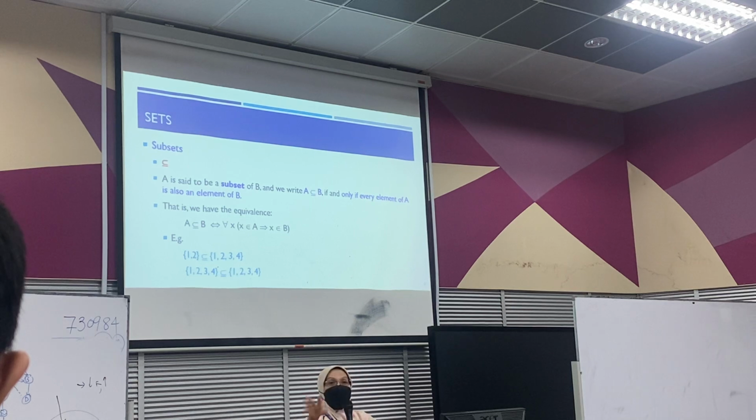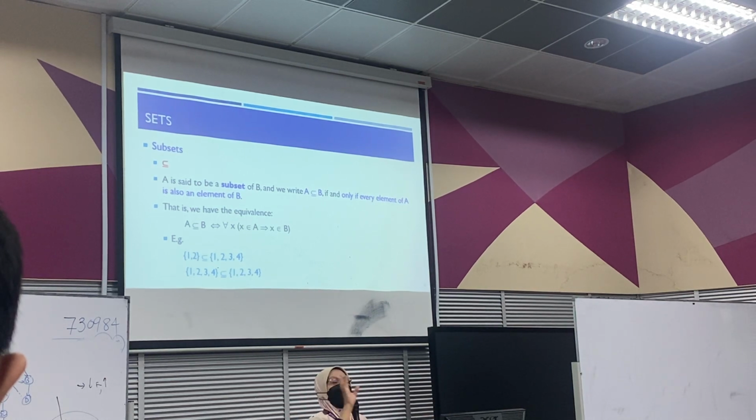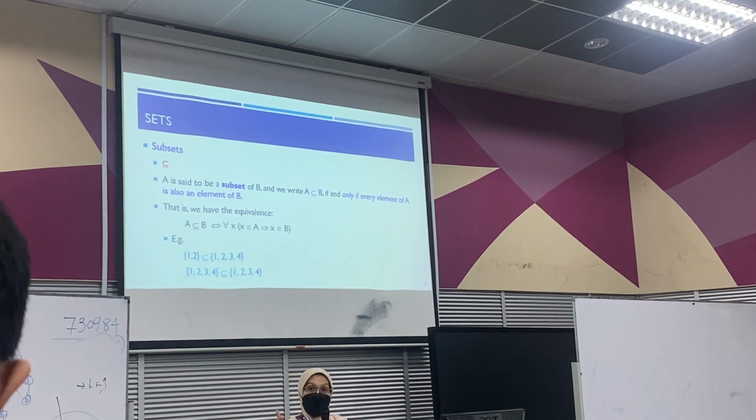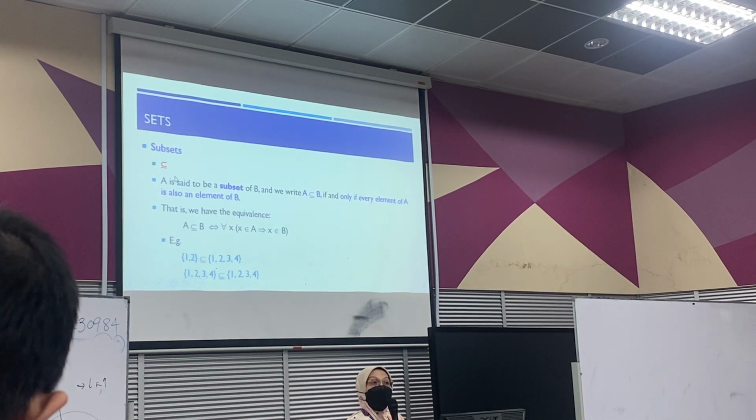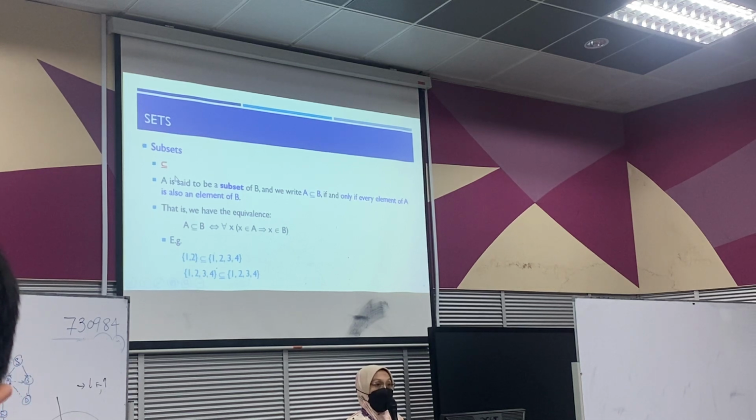Set A equal to set B, also subset. Set A less than set B, you can also use the subset symbol. The subset symbol has a line here. So this is the symbol for subset.